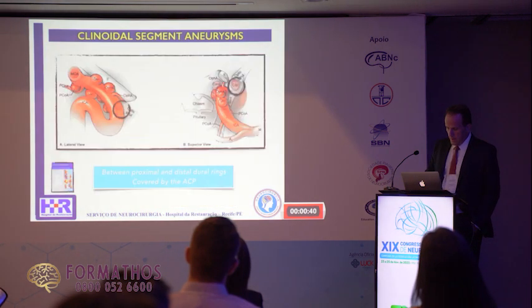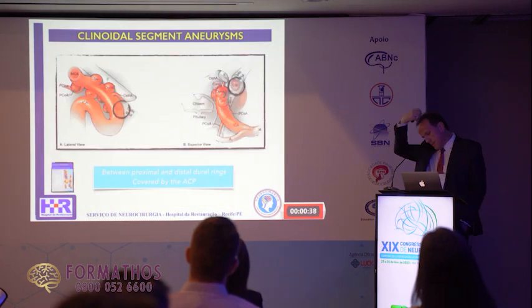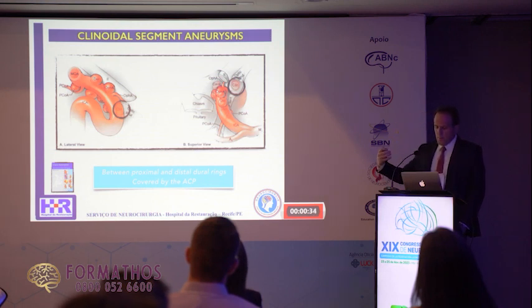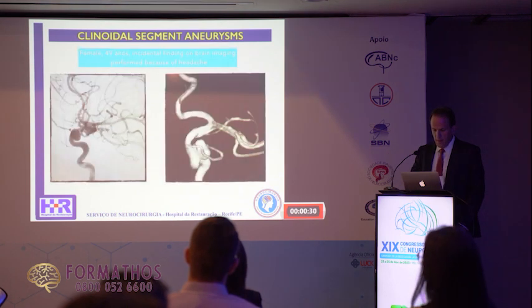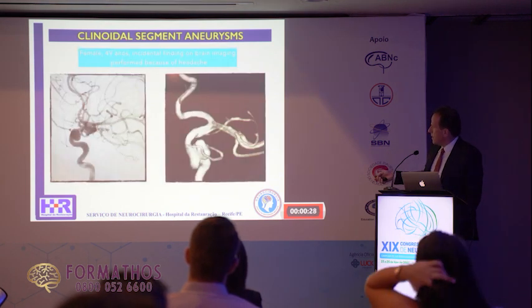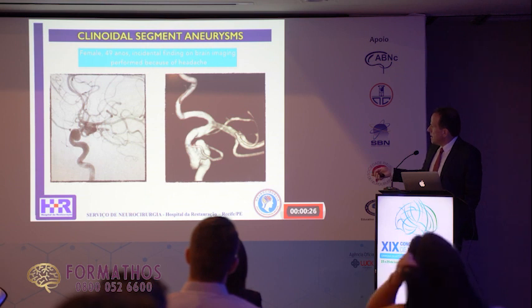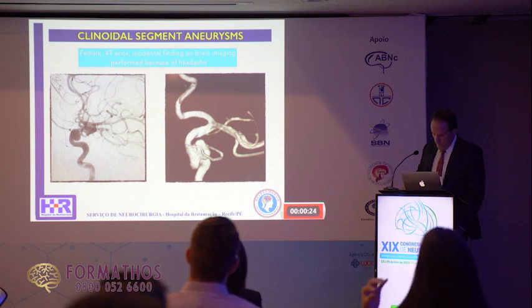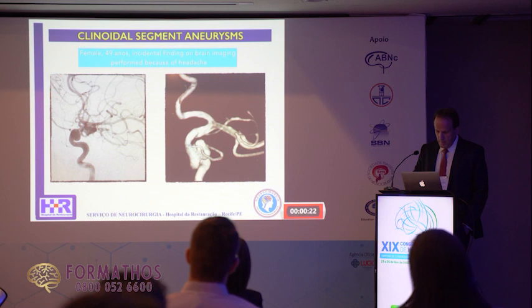This is the patient. Clinoidal segment aneurysms are very challenging ones because they lie between the proximal and distal dural rings, and they are covered by the anterior clinoid process, like this one. You can see that the distal neck is proximal to the ophthalmic artery.